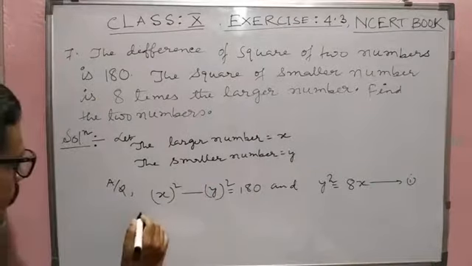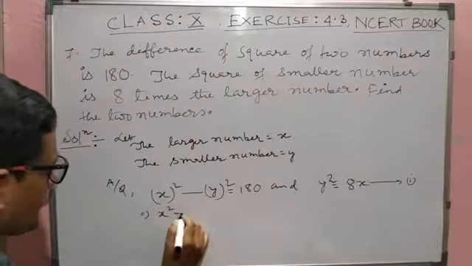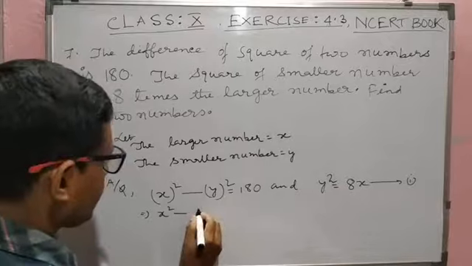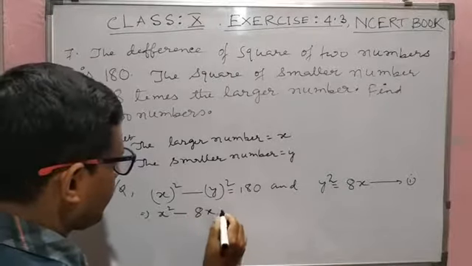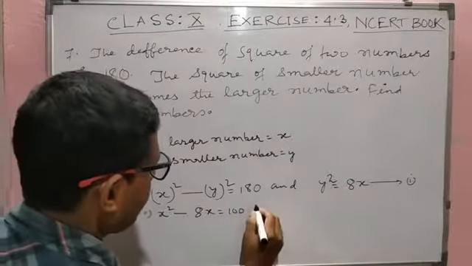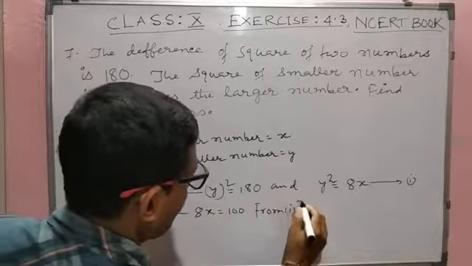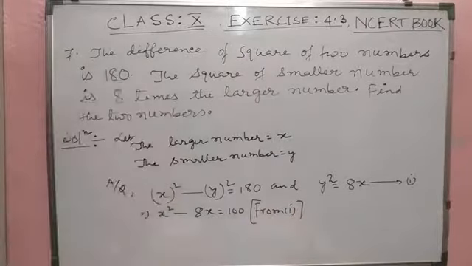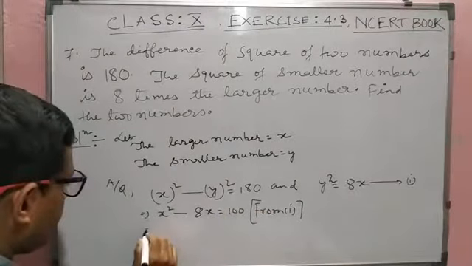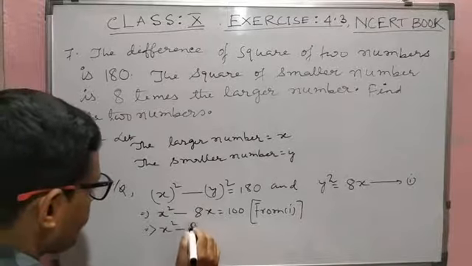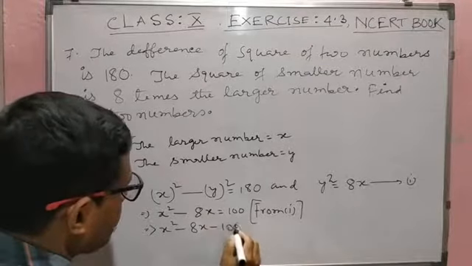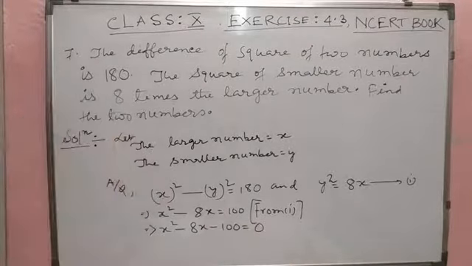Now we put x square minus y square equals 180, and y square is 8x. So I will write here x square minus 8x equals 180, from 1. Now let us transfer 180 this side. It will be x square minus 8x minus 180 equals 0.